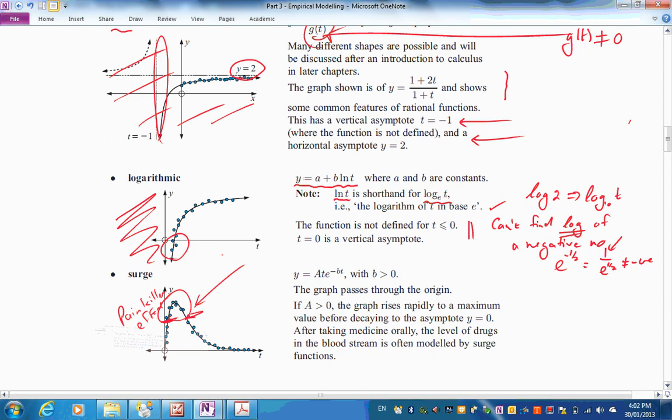Interesting enough there. And the formula for that is this little critter here. It goes through the origin, down here. Why? Because if you put t as naught, you will get y as naught. And then it goes to a characteristic maximum value and then tapers off, with an asymptote of y equals naught.